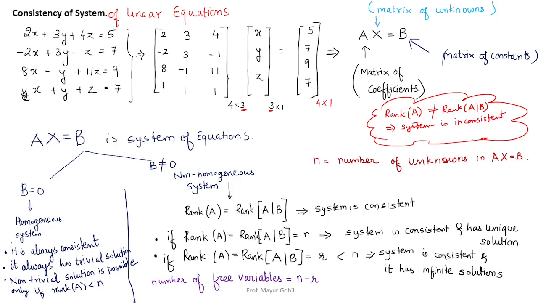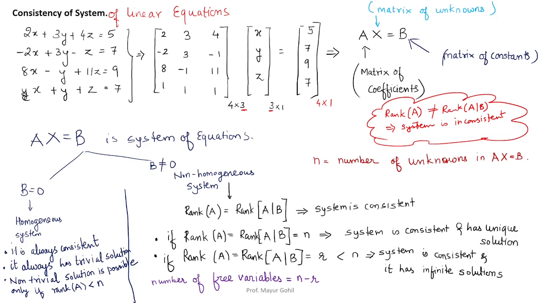If it is consistent, that means rank of A equals rank of AB, the augmented matrix, and it will have a unique solution if that rank matches the number of unknowns, and if the rank is less than the number of unknowns, then you have an infinite number of solutions.